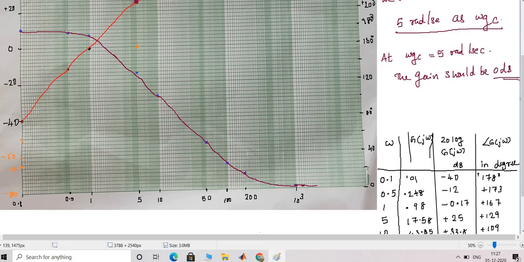I have subtracted plus 25 from this point. From this point also I have to subtract plus 25. It is minus 12 minus 25, which will be minus 37. It will be approximately here.